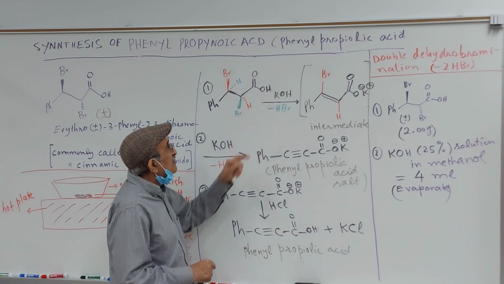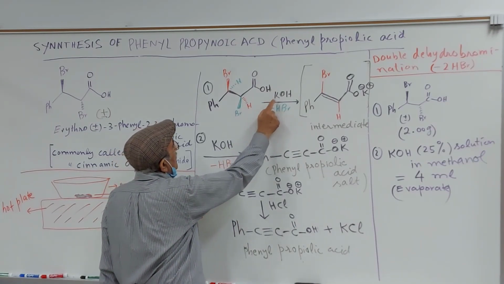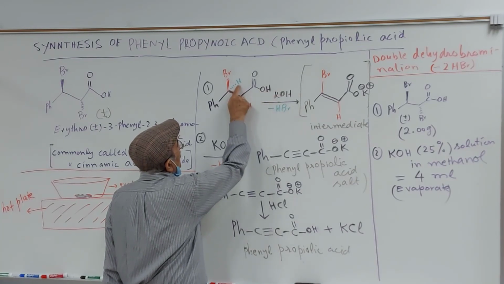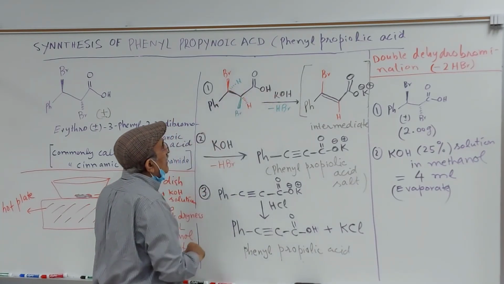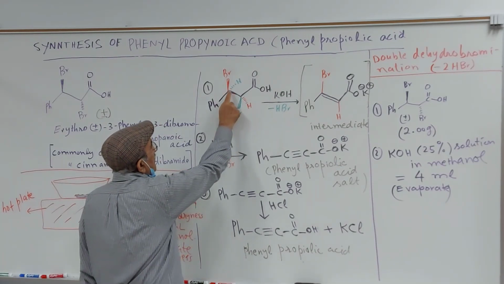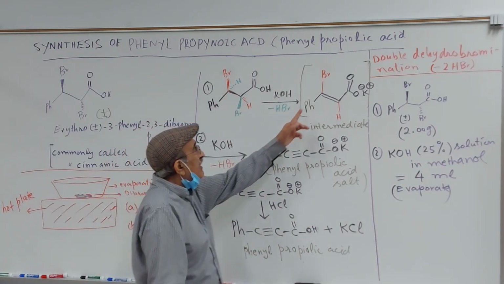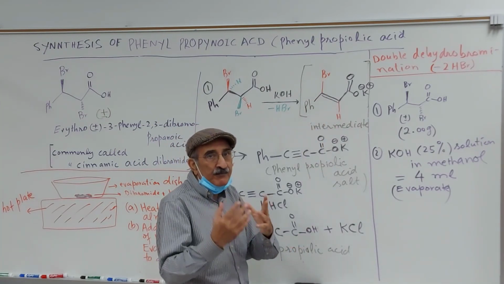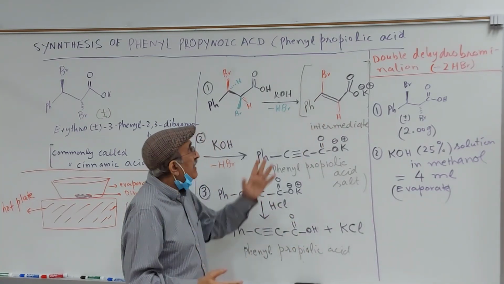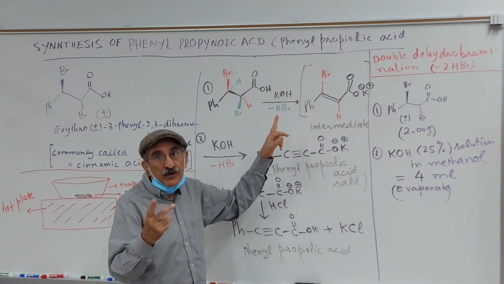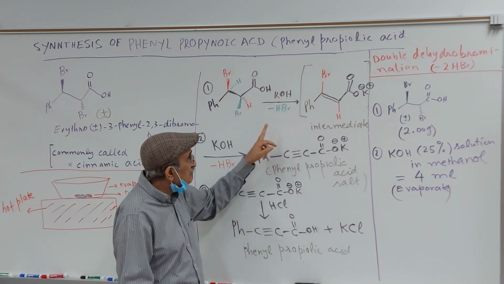In the first reaction, hydroxide will pick up a proton from here and become water, and it generates a negative ion. The negative ion comes over here and kicks out the bromide. So you get a double bond. So you have a beta elimination reaction. You actually have 2 beta elimination reactions.